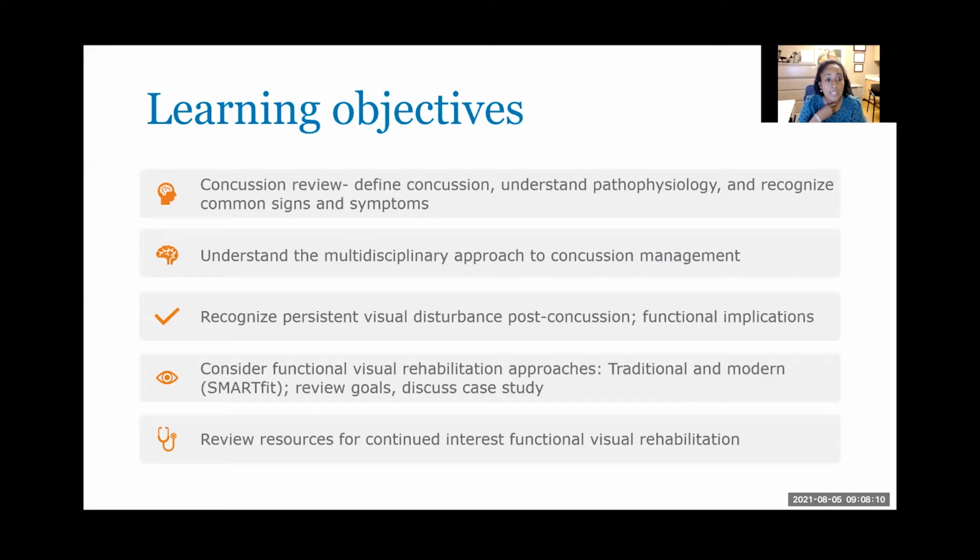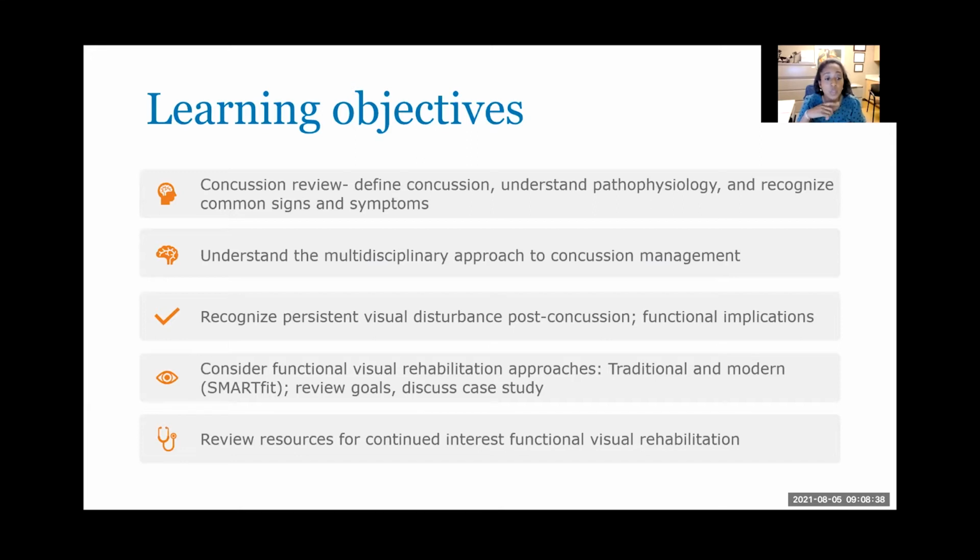We're going to recognize persistent visual deficits post-concussion and identify some functional implications of those visual deficits. And we're going to talk about the consideration of visual rehabilitation approaches, both traditional as well as modern, where I'm going to tie in the SMARTfit in my conversation. I'll introduce some goals that I write in my therapeutic process, and we'll go over a case study as well to wrap it all together.